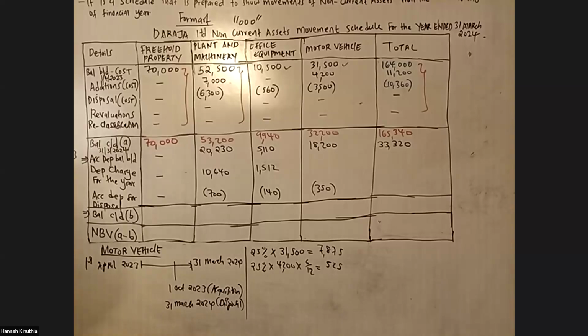Na kuna mahali naona tumefanya makosa. Hii 42 tumetoa wapi? Hii ilikuwa ni acquisition, sivyo? Sawa sawa, nijaribu kuangalia kitu hapa naona kama tunasema 31st March 2024. It was disposed on which period?